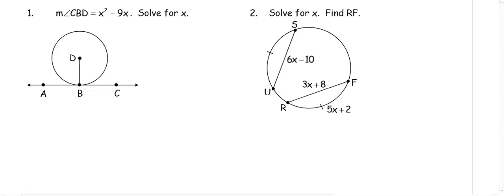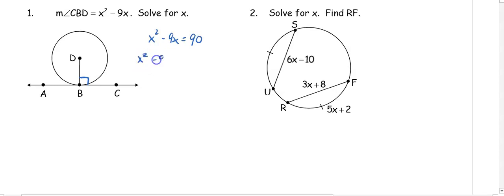So in number 1, the measure of angle CBD is equal to x squared minus 9x, and we want to solve for x. So we know that this angle has to be 90 degrees because a perpendicular line is intersecting a tangent line. So we have x squared minus 9x is equal to 90.